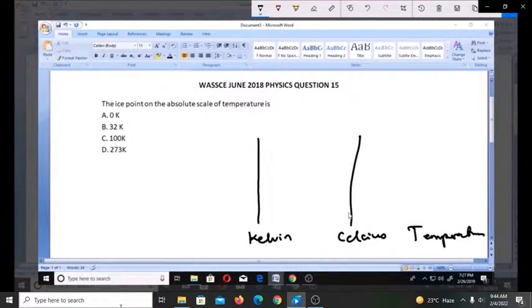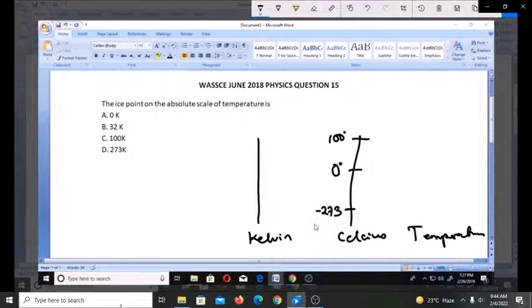Now, in the Celsius, we know that, let's say for water, we have the 100 degrees Celsius for boiling. Then we have the ice point, 0 degrees. Then we also have the absolute zero, which is minus 273.